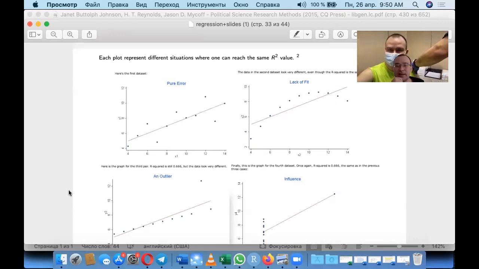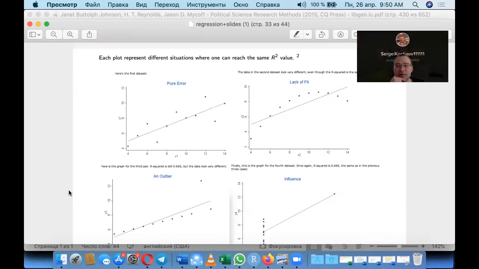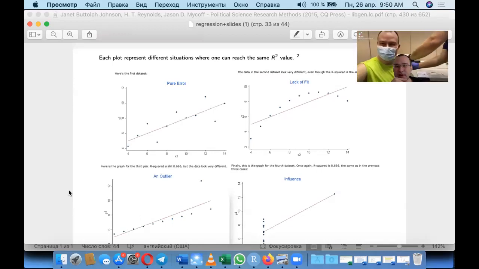In the second case, lack of fit, what you have in the data doesn't account for a linear relationship. Probably in this case you should use some different model, maybe a logistic regression.